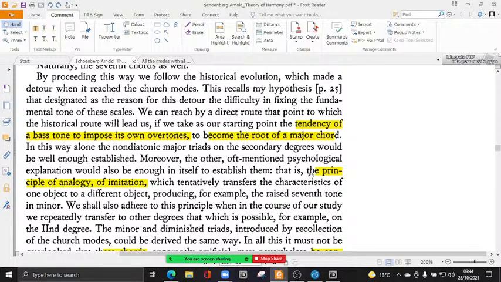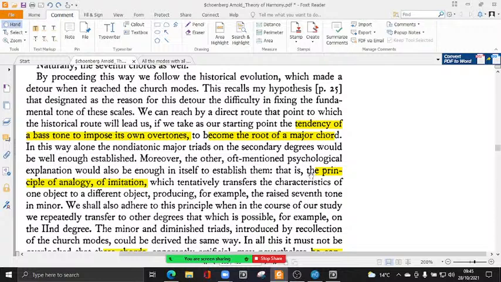We can reach by a direct route that point to which the historical route would lead us if we take as our starting point the tendency of a bass tone to impose its own overtones, to become the root of a major chord. In this way alone, the non-diatonic major triads on the secondary degrees would be well enough established. Moreover, the other oft-mentioned psychological explanation would also be enough in itself to establish them. Well, take it as it is.